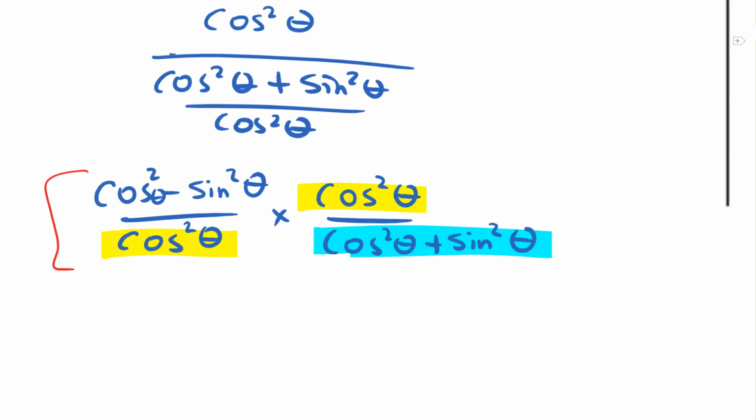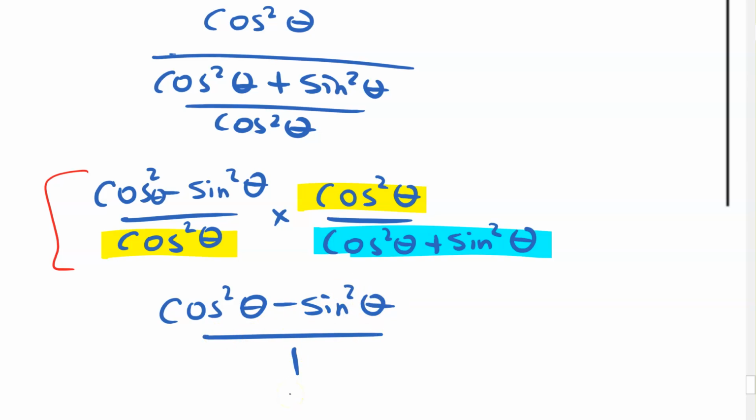So let's go back. That's the same thing as 1. So really my next step is to say this is just cos squared theta minus sine squared theta. I'll put an over 1 just to make it very clear that I substituted. I'll cancel this and this out. And then it'll be very clear that I recognize that cos squared theta plus sine squared theta is equal to 1.